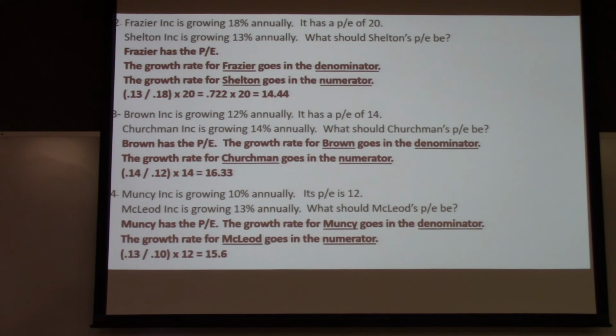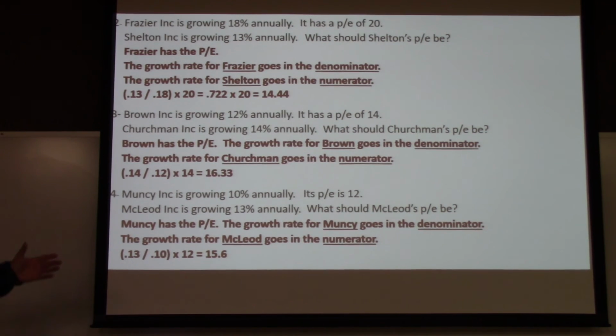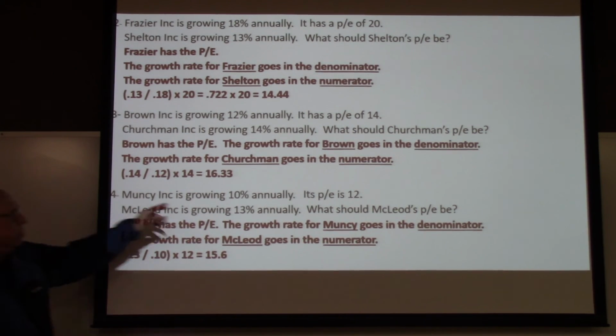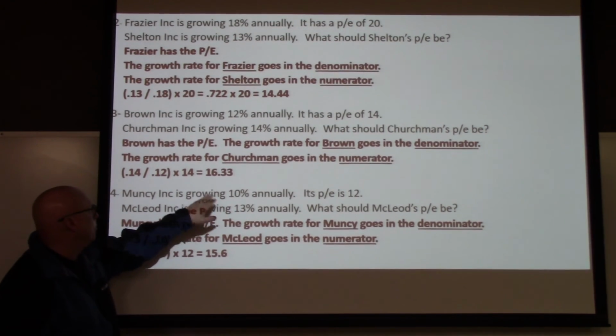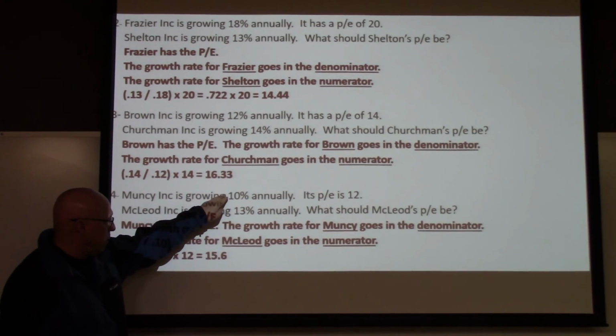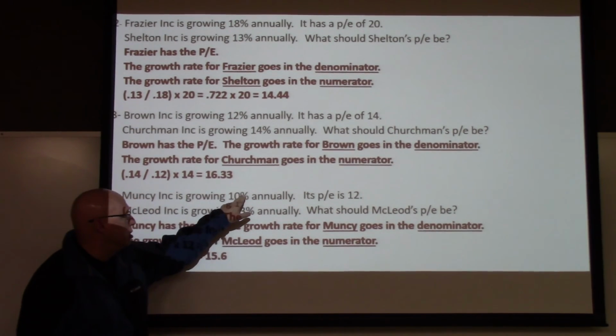All right, that's it. Hopefully that makes sense to you. Clear to you the relationship between the growth rate and the multiple. Hopefully it's clear to you that this is the beginning multiple that we're using. The growth rate for the company that has the multiple goes in the denominator.